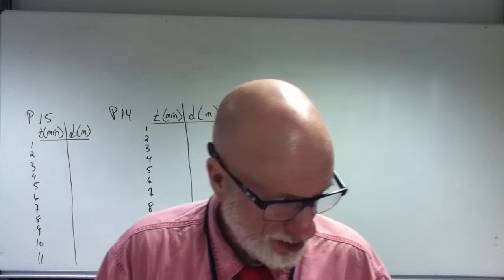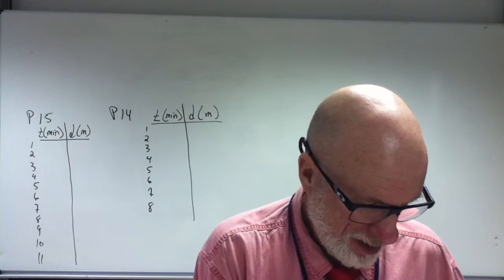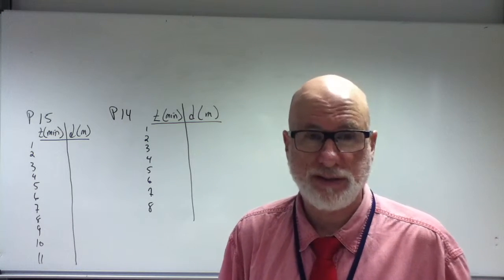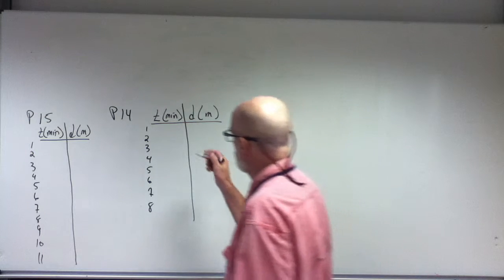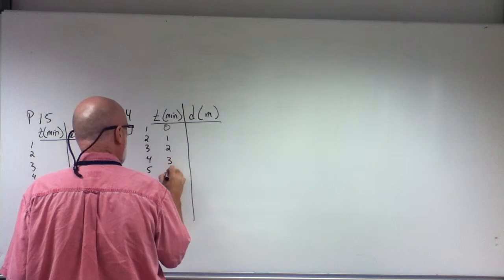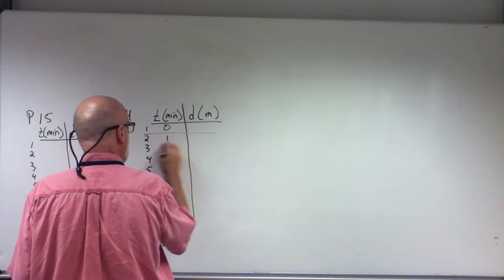So if you look at the graph on page 14, I'll start you off by putting in the X values or the T value, okay? So 0, 1, 2, 3, 4, 5, 6, 7, right?